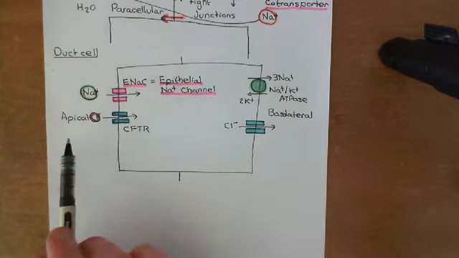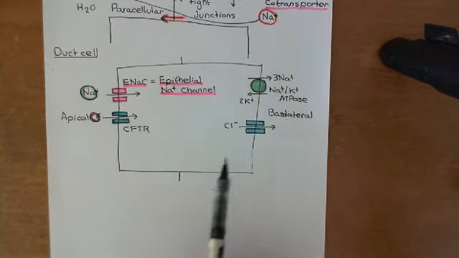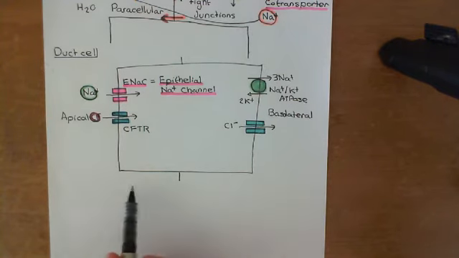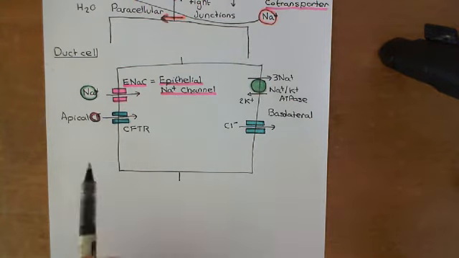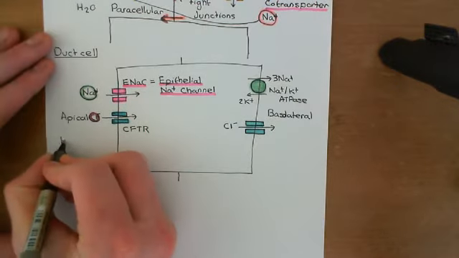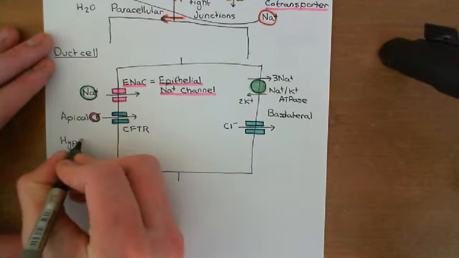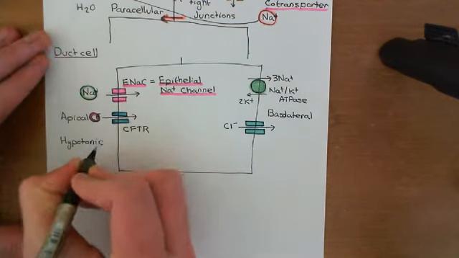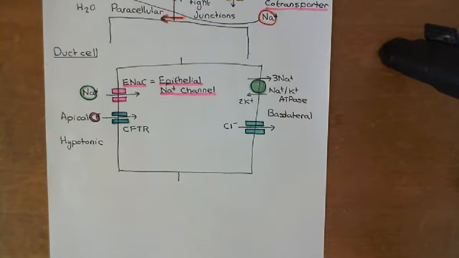So you should think that water would move from here to here by osmosis, but then comes the important statement that these cells are watertight. The junctions between the two cells are very watertight, so the water cannot move, basically. The water is trapped in the lumen of the sweat duct, and that makes your sweat hypotonic to the extracellular fluid. It has a lower solute concentration than the extracellular fluid of your body. This hypotonic sweat will then be secreted onto the surface of the skin and will then cool you down.